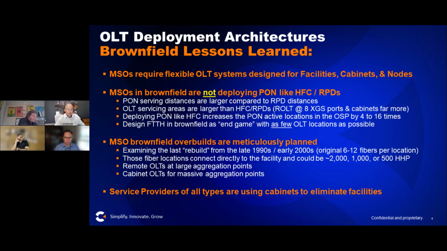So that's why all of these operators are looking at not deploying PON in brownfield the same way they deployed HFC. They're 2 totally different architectures and technologies that can change the overall architecture. And finally, the last point here is service providers of all types are looking at using cabinets to eliminate facilities. So I hope that sets the stage, Sean, and I hope that's what you were looking for.